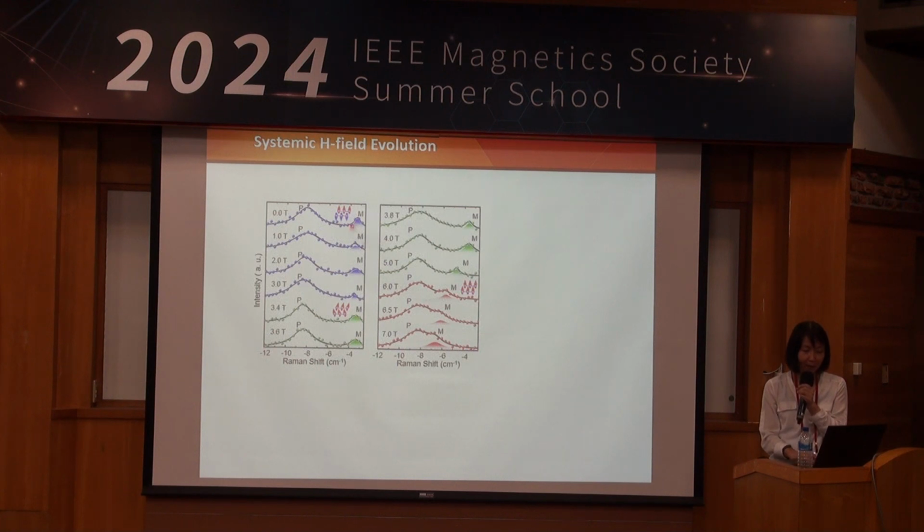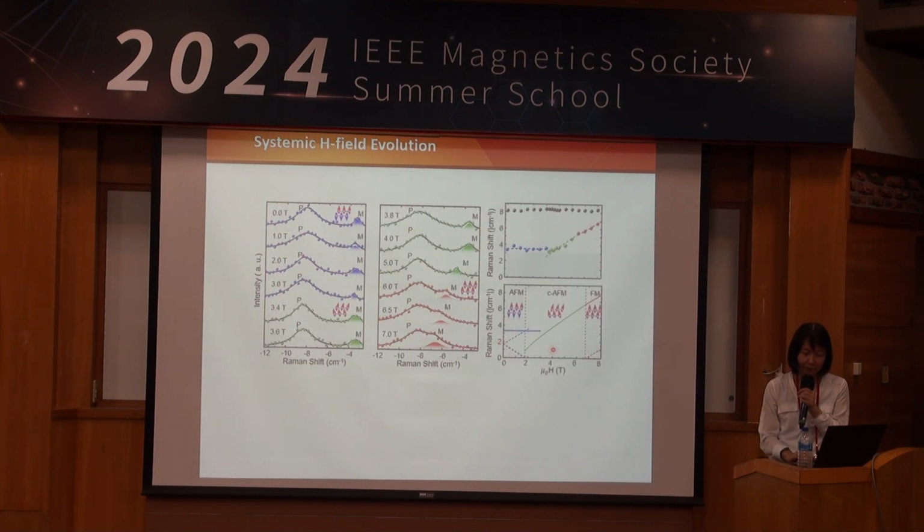By looking at how the magnon mode evolves with external magnetic field, we can map out the magnetic phases: AFM phases, canted AFM phases, and ferromagnetic phases. Importantly, we can also use the spin wave dispersion to extract some important parameters. This is a single ion anisotropy.